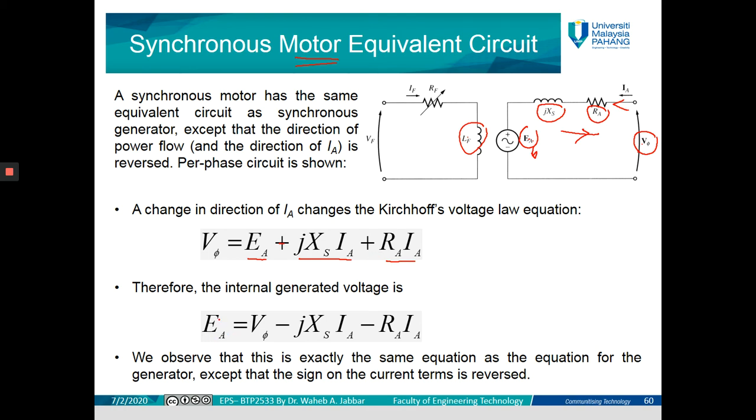So if I want to find the induced voltage on the armature winding, EA is equal to V terminal minus jXS IA minus RA IA. That means EA is equal to V terminal after we deduct the voltage drop across the two elements, which are the reactance and the resistance.